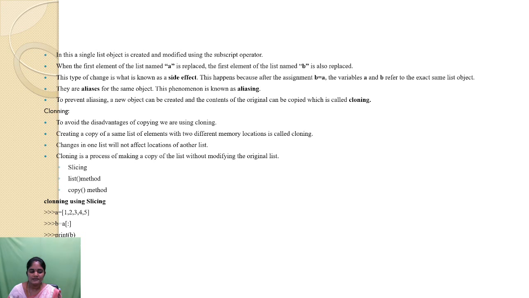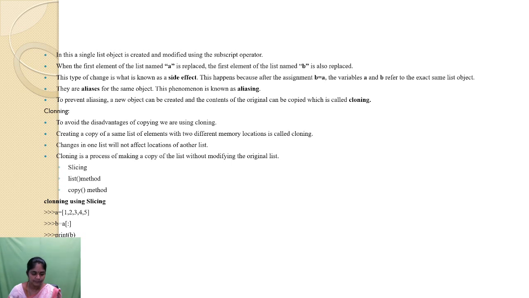Any change in one list never affects the other list. The operations performed in cloning are the slicing operator, list method and copy method. One by one we will go through them.